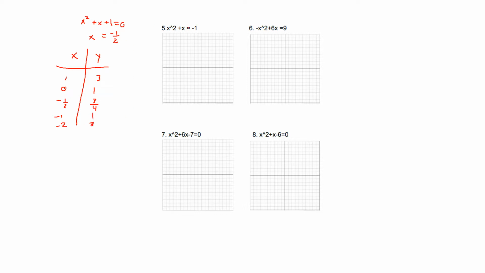If we were to graph that, 1 is 3, 0 is 1, negative 1 half is 3 fourths, negative 1 is 1, and negative 2 is 3. If we draw a parabola through that, our function doesn't have any solution, as you can see, because it doesn't touch the x-axis. Okay.